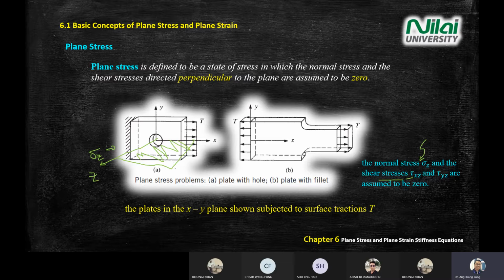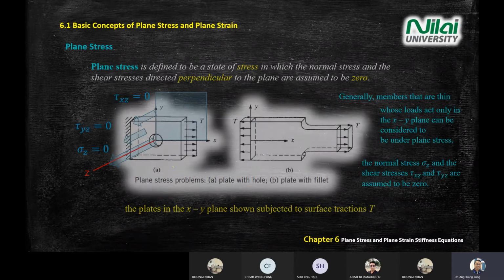So this XZ plane is also 0. Then what is YZ? YZ is this plane. This is also 0. So we only look at the stress that is parallel to the plane that we are interested in. Okay, let's look at what it means. This one I just drew so you can read my slides later on.